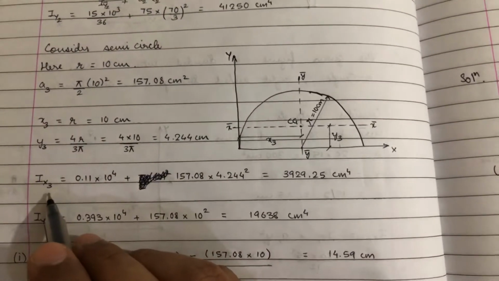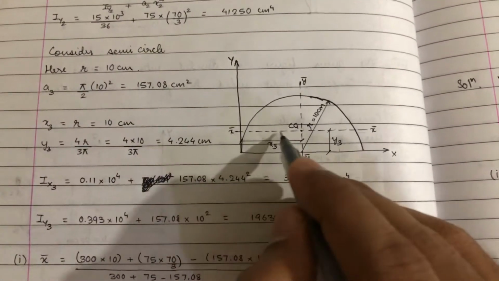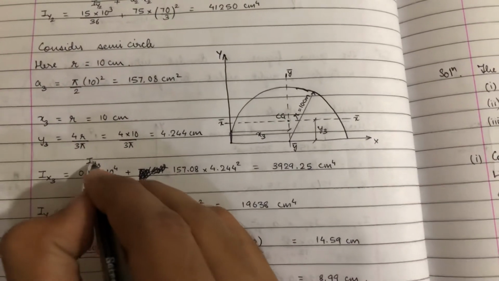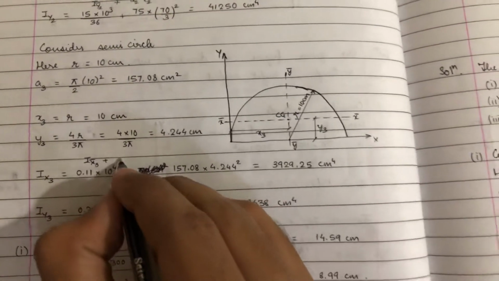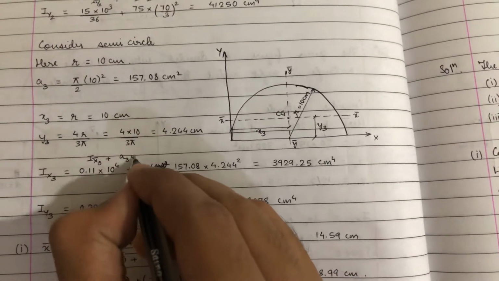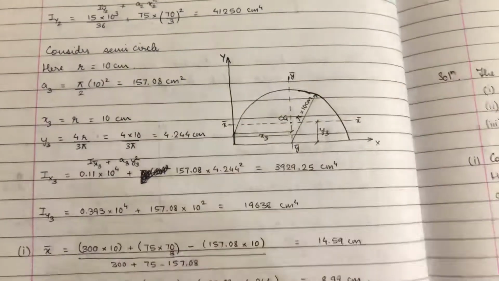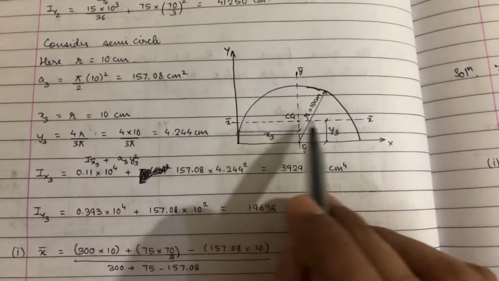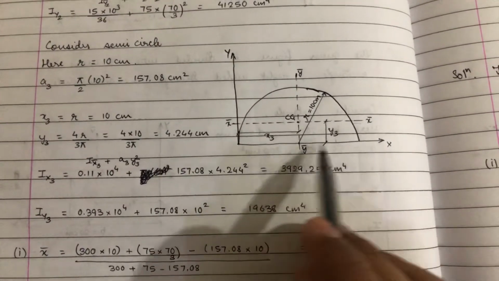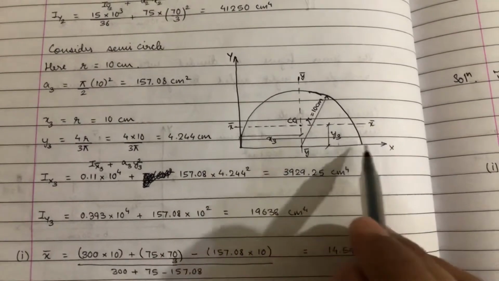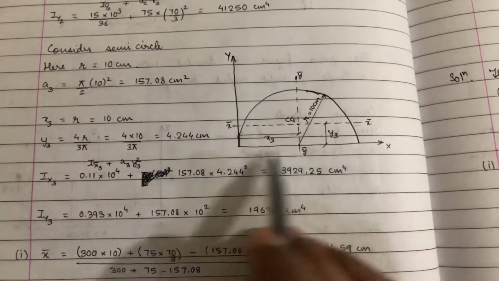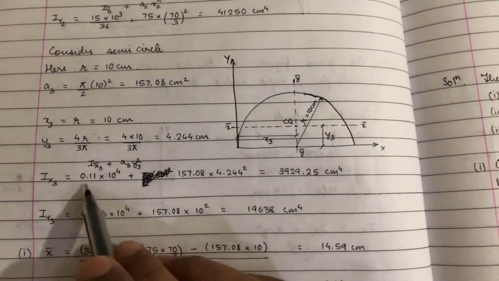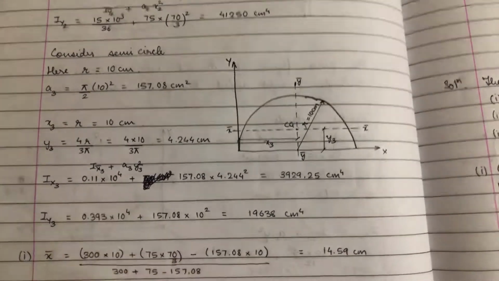Now Ix3, you can see this x bar, Ix3 will be what? Ix3 bar plus A3 Y3 square. Now Ix3 bar will be what? You can see x bar is parallel to the diameter. So it will be 0.11 r to the power 4.